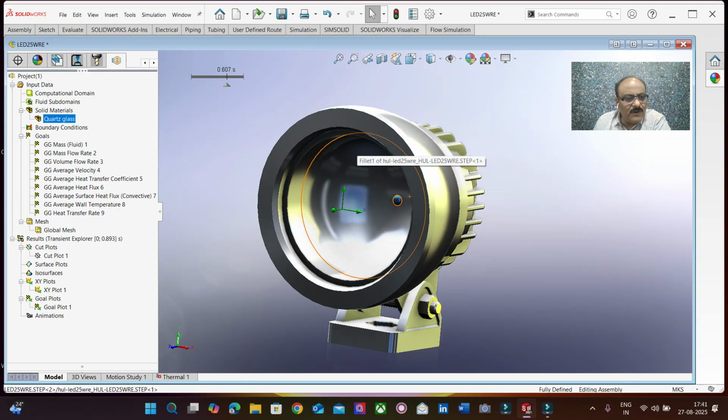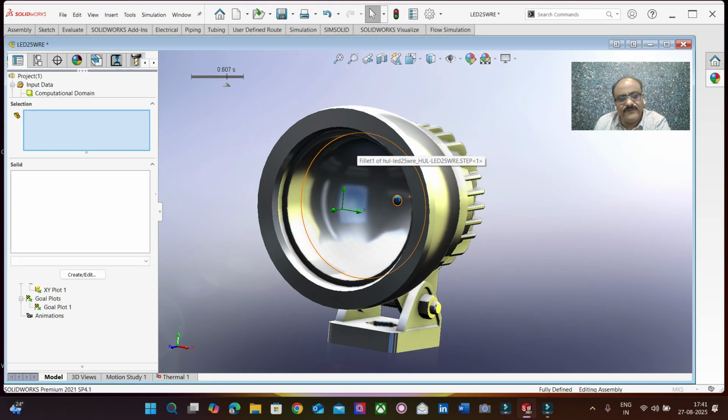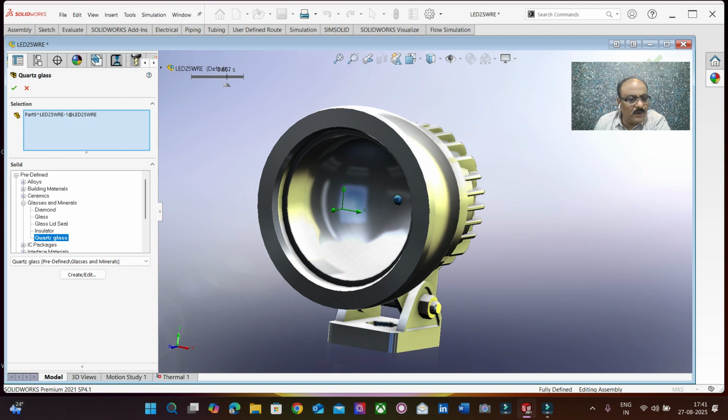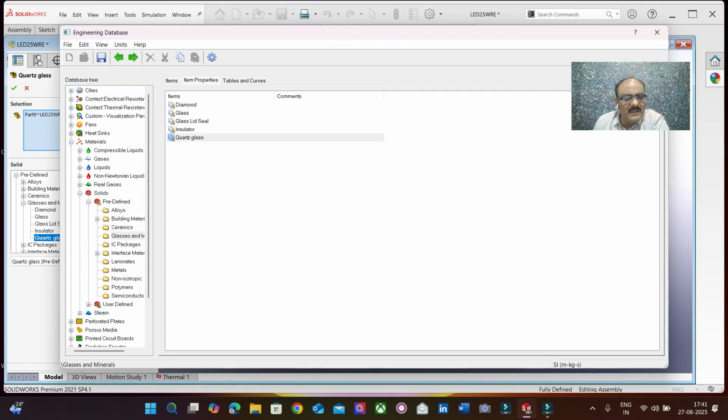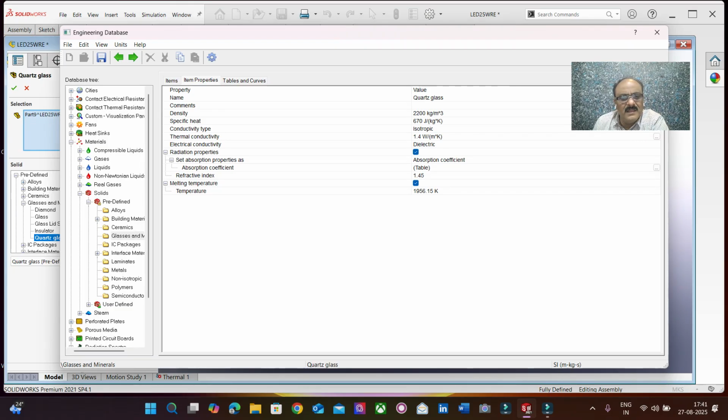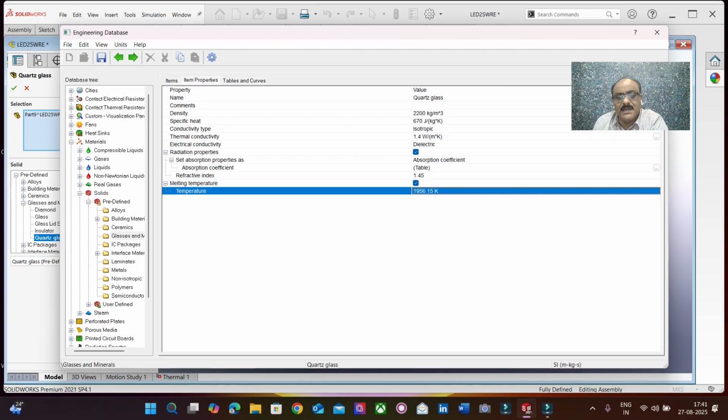So now we know what the properties of quartz are. Let's say it has a thermal conductivity of 1.4 watts per meter Kelvin, and then we have a temperature of 1956.15 Kelvin.